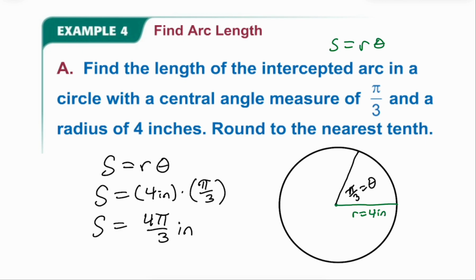If we were to put that into a calculator, you would just do 4 times 3.14 divided by 3 and round to the nearest tenth. Now those would be inches, so that would be 4.2 inches. So they are talking about the length right here that I've highlighted. That is the length of the intercepted arc.